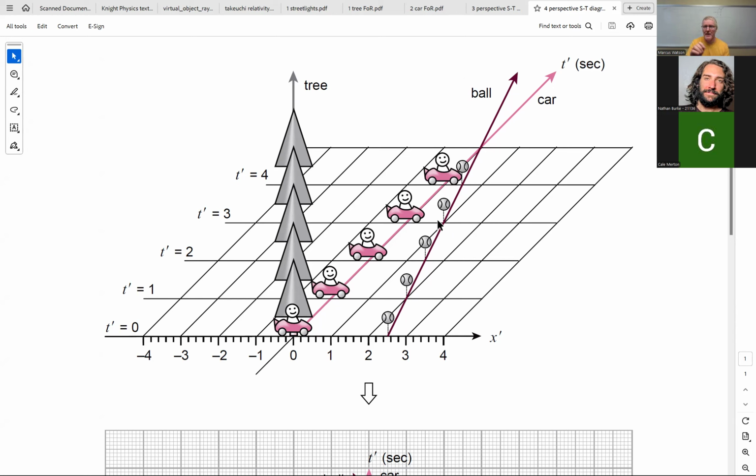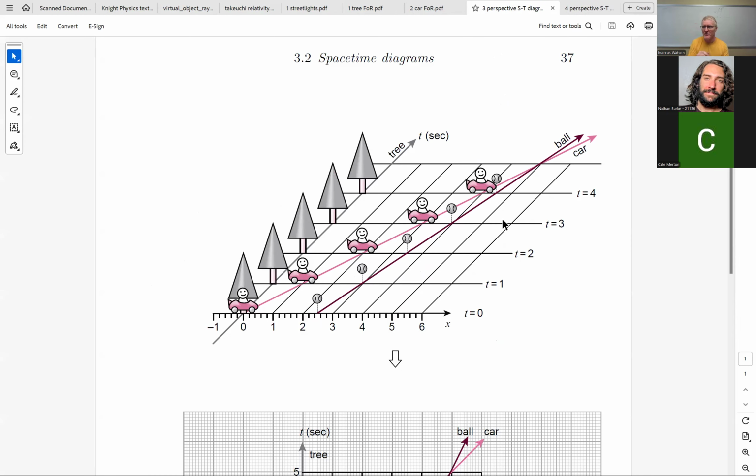All right, now, here is the great news. We can look, and this is why these diagrams are so useful, at both perspectives. I can look at the tree frame and I can look at the car frame on one set of axes. So I'll go back to this one to show you how I think of this. Here's the tree frame, it's the earth frame.